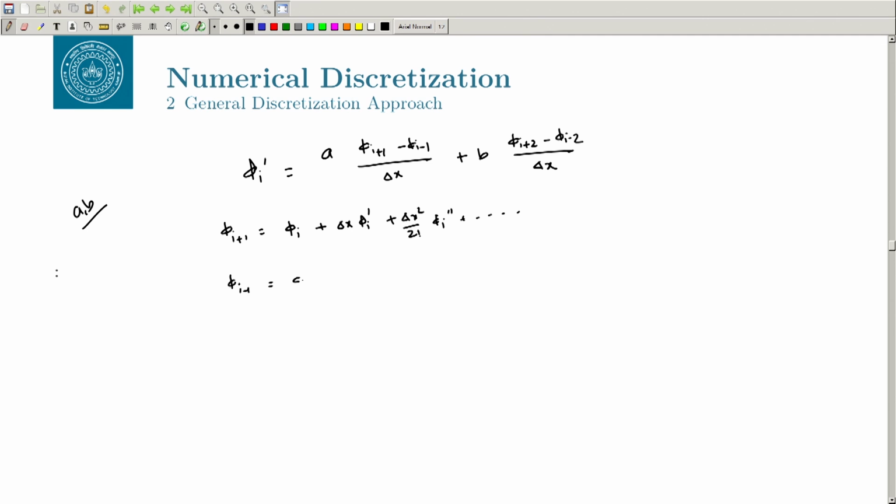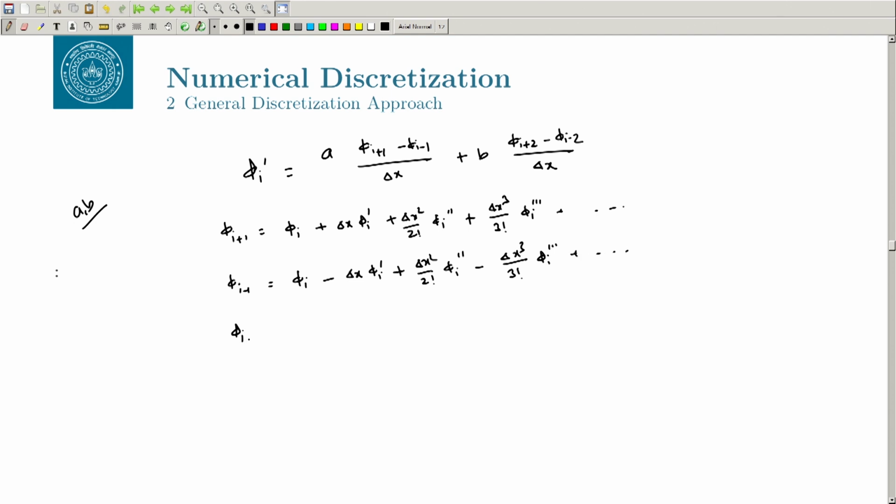Phi i minus 1 equals phi i minus delta x phi i prime plus delta x square by factorial 2 phi i double prime minus delta x cube by factorial 3 phi i triple prime, and you can write more terms.